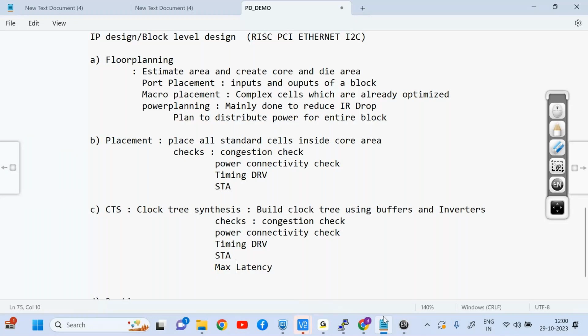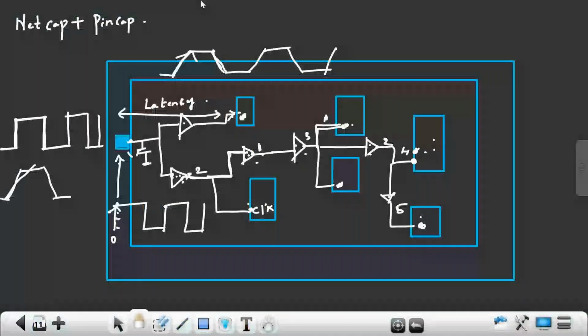A CTS tool should build this clock tree with less latency, less insertion delay. Less insertion delay means a lesser amount of buffers should be inserted. That is the efficiency of my CTS tool. Less latency means the clock which is reaching here at 0 nanosecond should reach the flip flops very early. It should not take more time to reach.